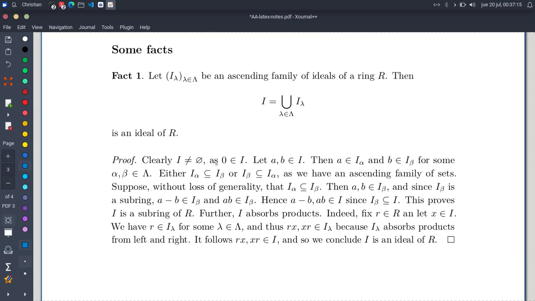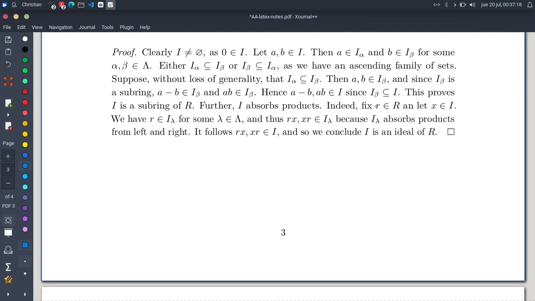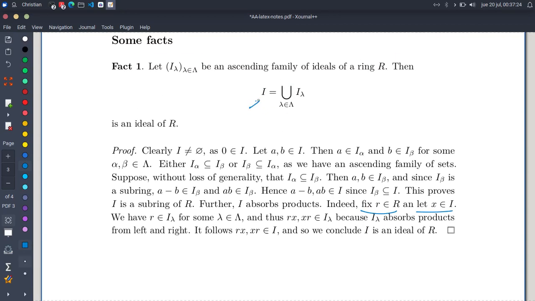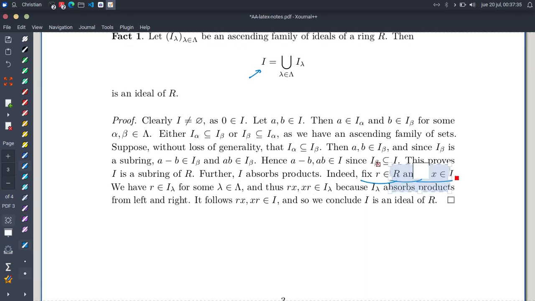Now let's see that it absorbs products. Indeed, fix some element R in R and let X be an element of this union. We have, by definition of union, that X is in I lambda for some lambda in the indexing set, and thus Rx and Xr are in I lambda, because I lambda absorbs products from left and right.